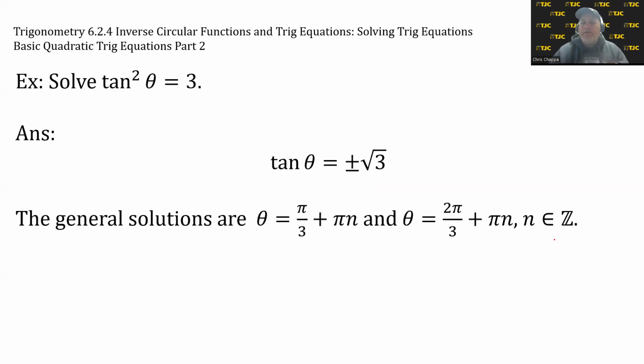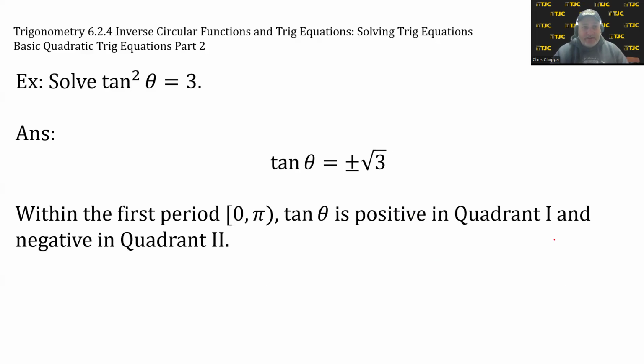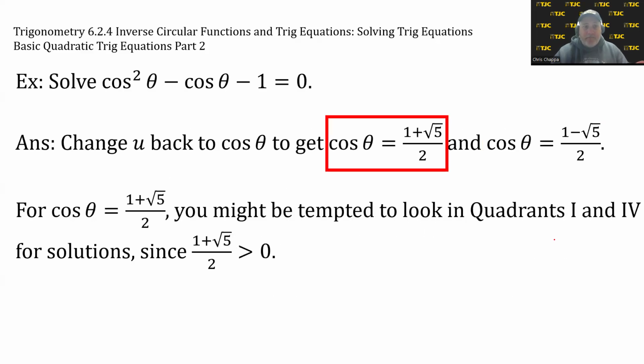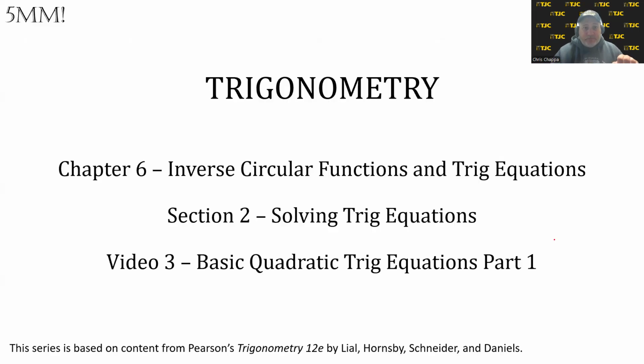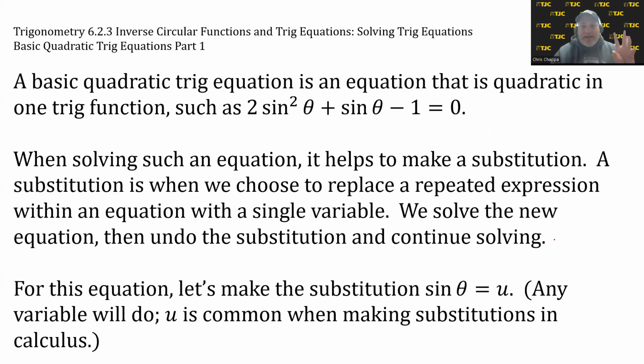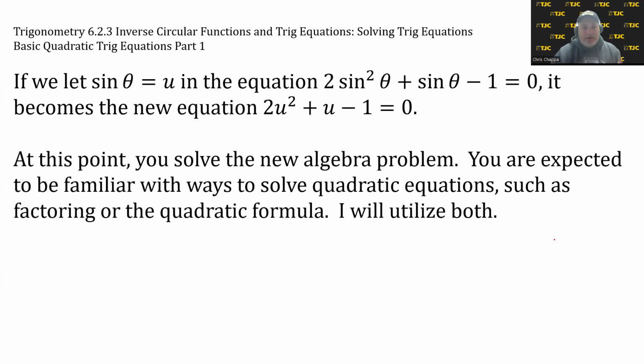So before I go back to the now you try, let's just quickly review what we saw in all the quadratic videos. In the quadratic ones, the idea was to make a substitution, which turned it into a quadratic equation.